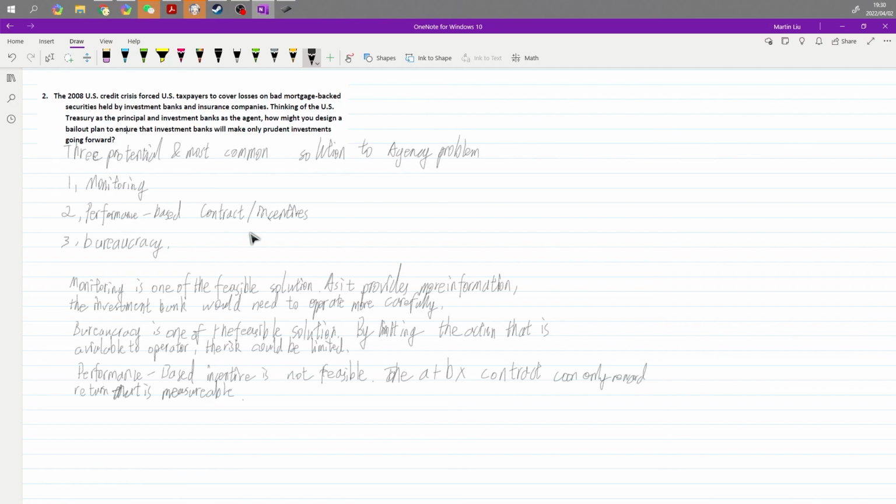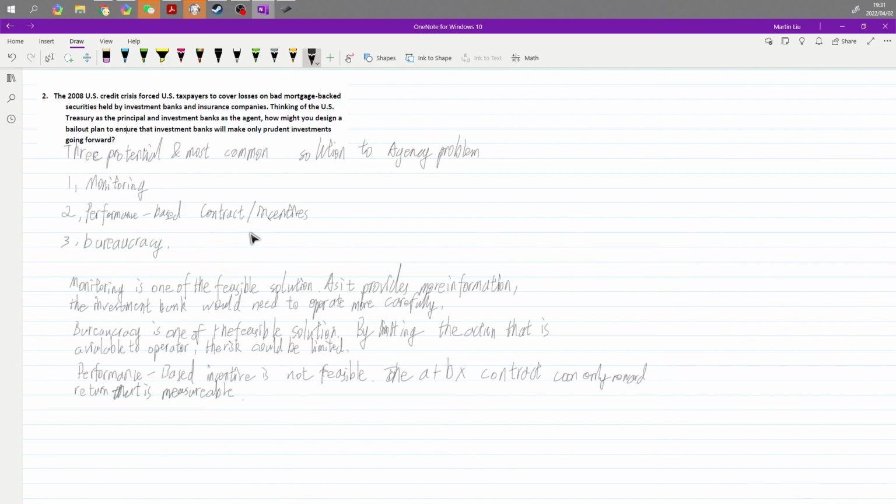So if you are using the performance-based contract and you're seeing X as how much return you're exactly earning, then we are facing the fact that we once again ignore the risk. That is what the U.S. Treasury definitely did not want to see during the 2008 credit crisis.